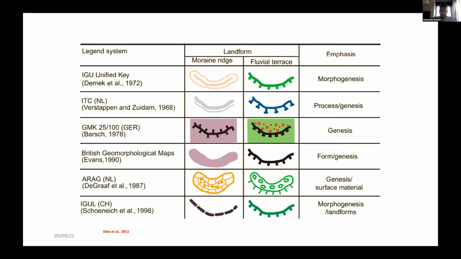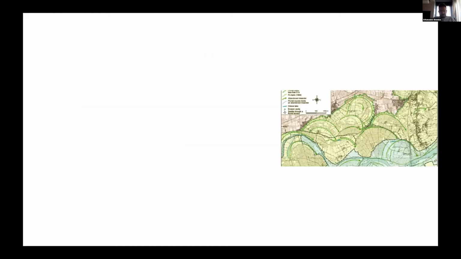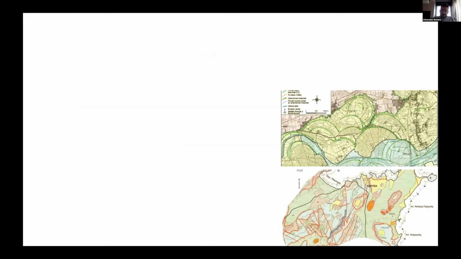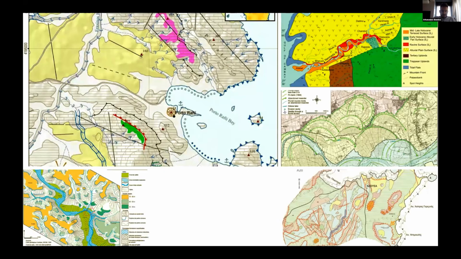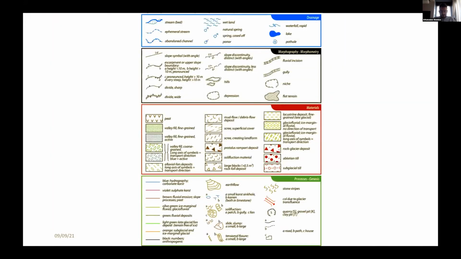There are 2 specific landforms that are presented with many different symbols following the rules established by each school. And if we go to the maps, it becomes even clearer that if we don't have a legend, which is compulsory for every geomorphological map, no one can actually read it.